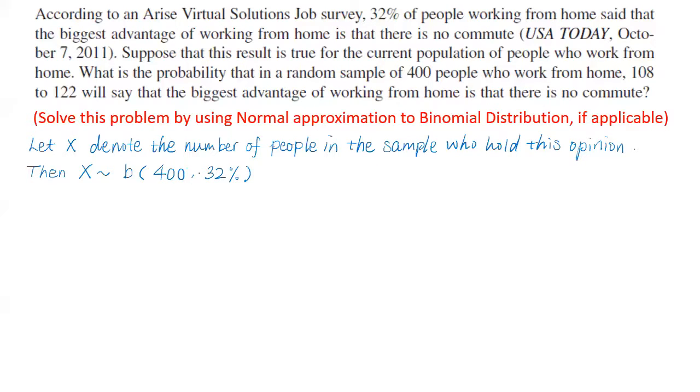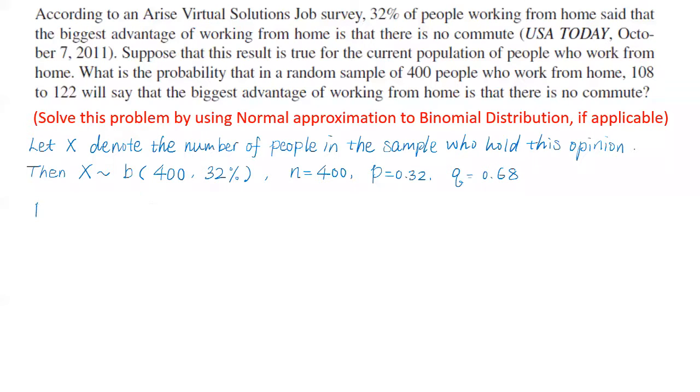And after the 400 trials, we denote the number of people in the sample who hold this opinion as X. Of course, X here follows a binomial distribution, right? Okay, so n is 400, p is 0.32, q is 0.68, right?